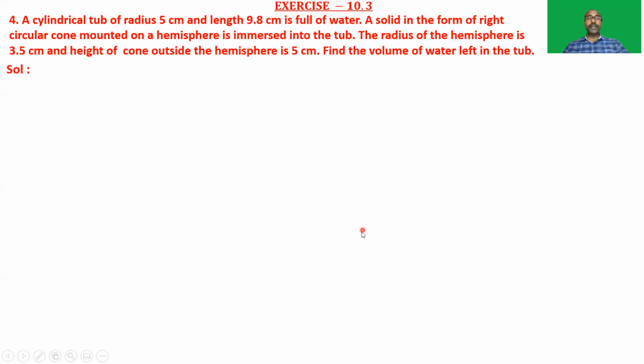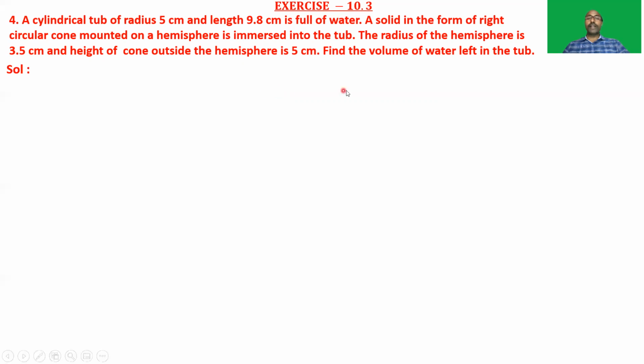Okay, students. So here we have a cylindrical tub of radius 5 centimeter and length 9.8 centimeter, which is filled with water, and a solid in the form of a right circular cone mounted on a hemisphere is dropped into the tub. Then we know that some of the water in the tub flows out and some water remains in the tub.